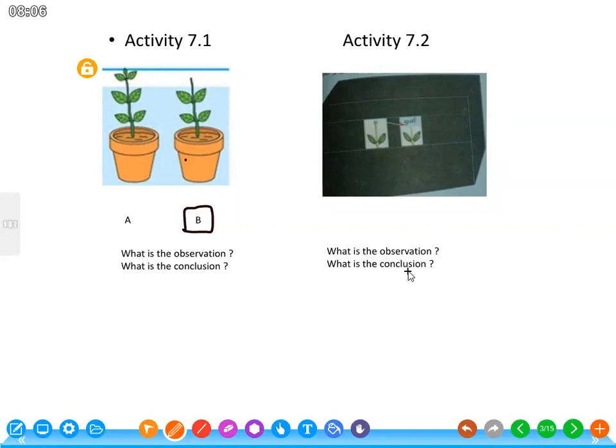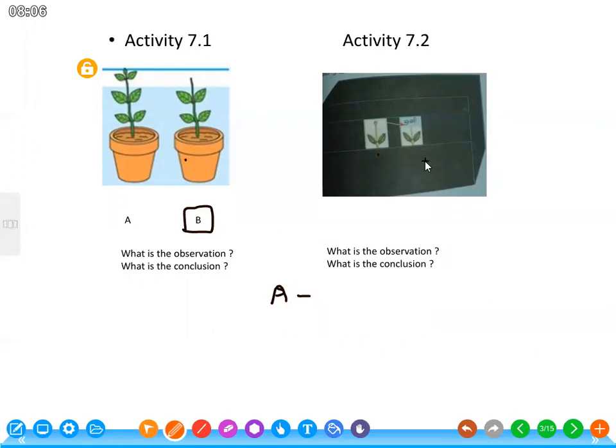In A, the plant with the apex grows towards the direction of light. Then what is the observation in B? The plant without the apex does not turn towards light.